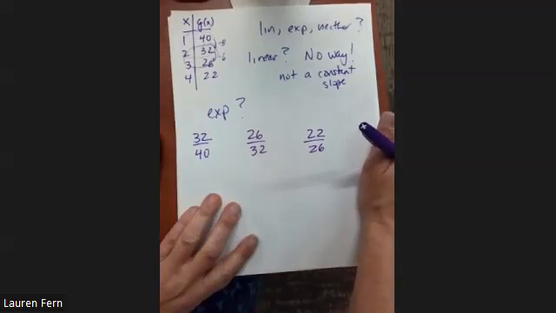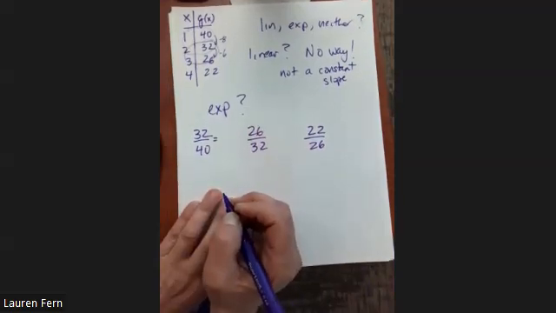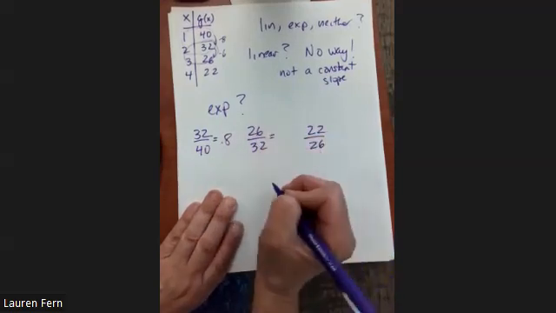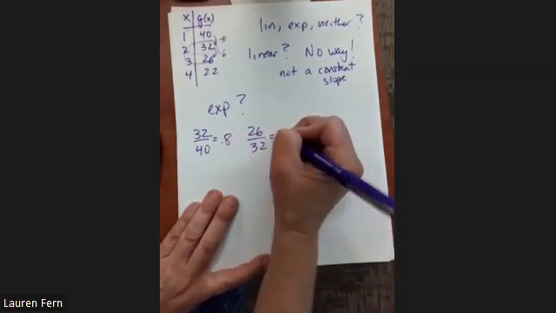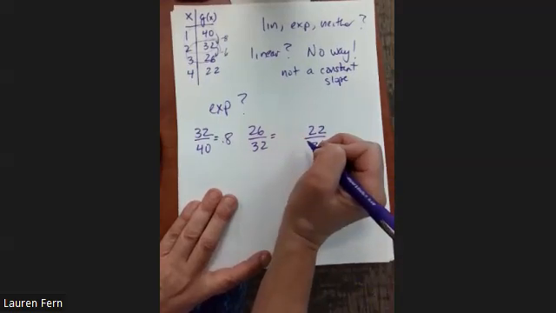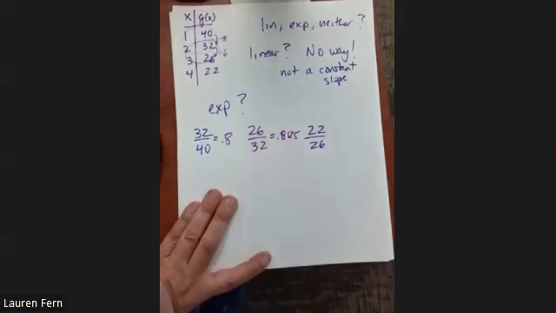Well, what is 32 over 40? Good job, 0.8. What's 26 over 32? 0.8125. Are they the same?